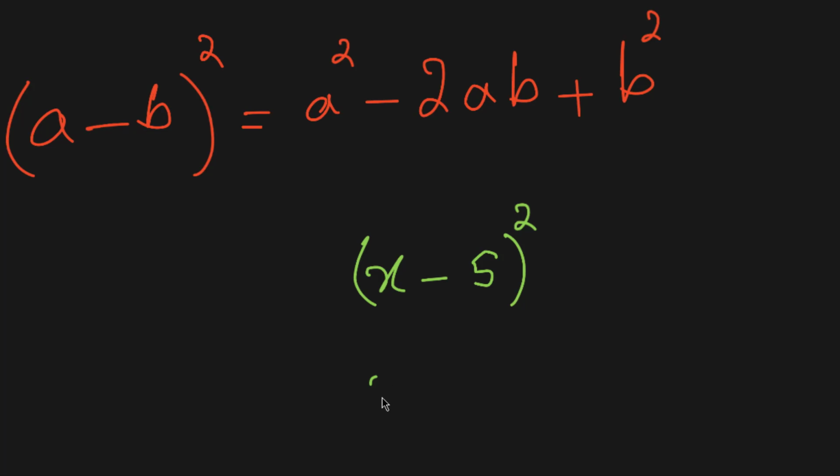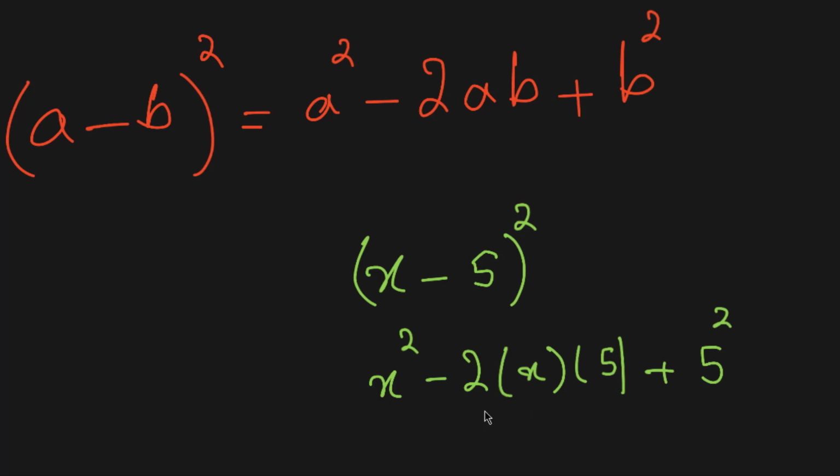So it will be first squared plus second squared, and then minus twice of first, which is x, into second, which is 5. Now let's just simplify it a bit. So it will be x squared minus 2 times 5 is 10x, and then plus 5 squared is 25. That's your answer, and that's how you expand the bracket. That's how you find square of a binomial using the second identity.